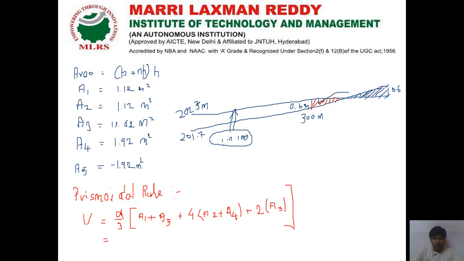Plus 4 into A2 plus A4, A2 value is 1.12 plus A4 value is 1.92, then plus 2 into A3 value, that is 11.02.